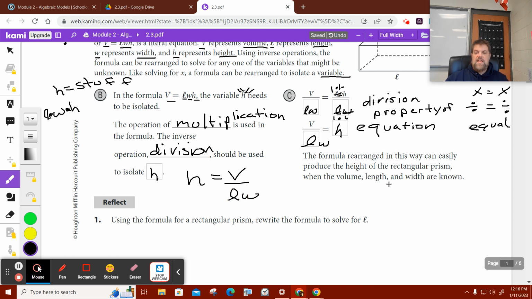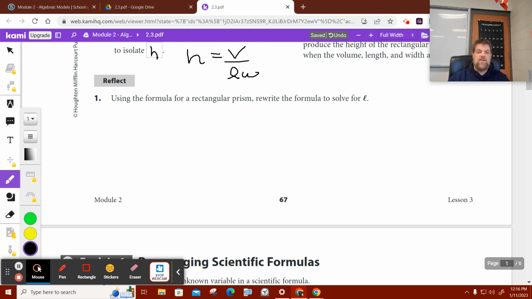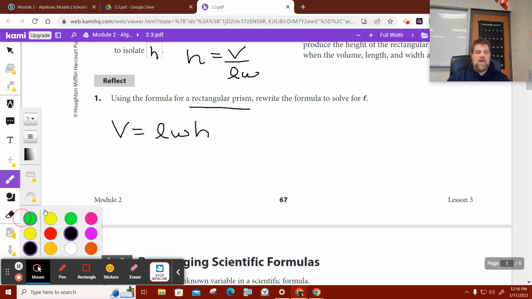Okay? Now, lastly, before we end this video, it says use the formula for a rectangular prism to rewrite the formula for L. So the formula was V equals L times W times H. We want to solve for L. What do I need to move away?